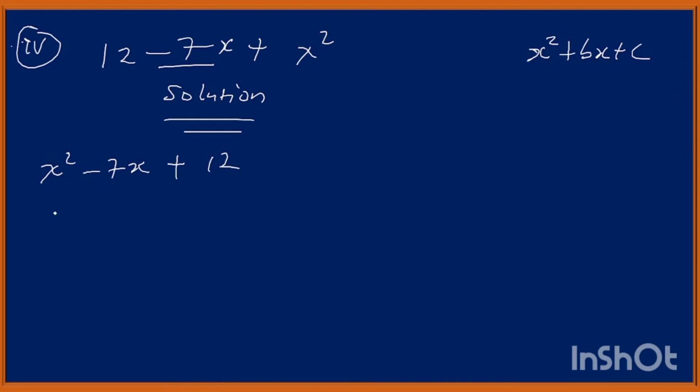Next we identify our a, b, and c. A is 1, b is minus 7, and c is 12.